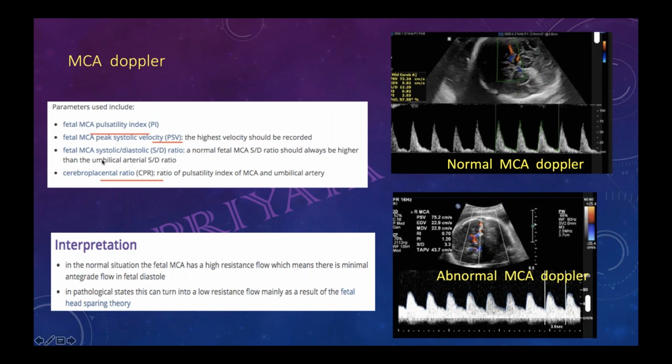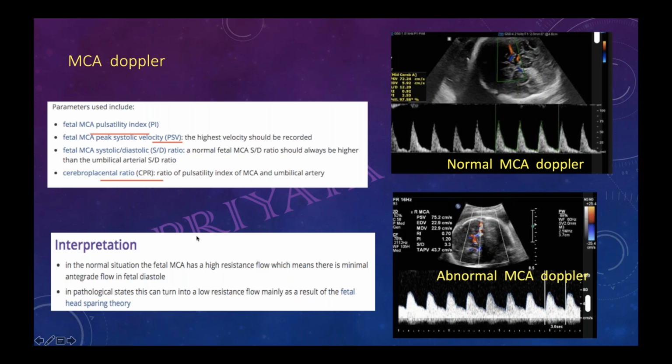And also you will find once in the guideline they are calculating the CPR ratio. CPR ratio is the PI of MCA over the PI of umbilical artery. Usually in normal babies it should be 1 or more than 1, but in an SGA baby it becomes less than 1.